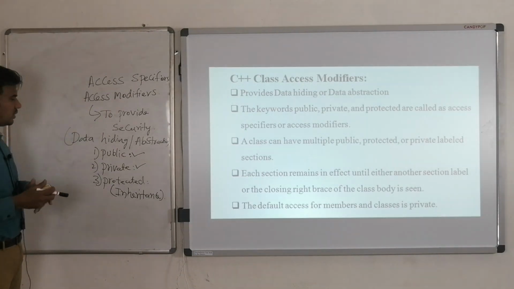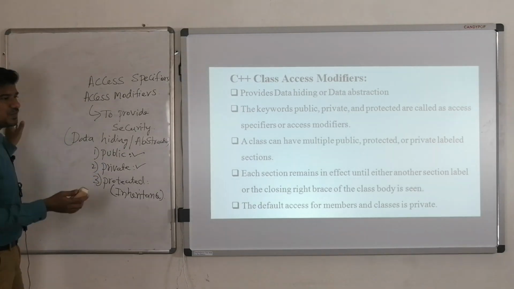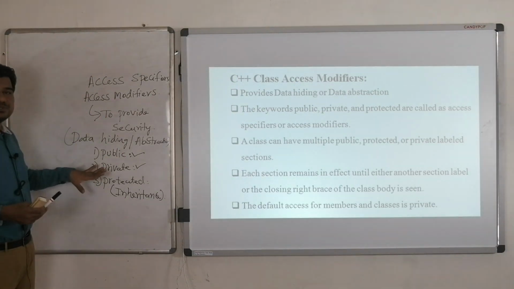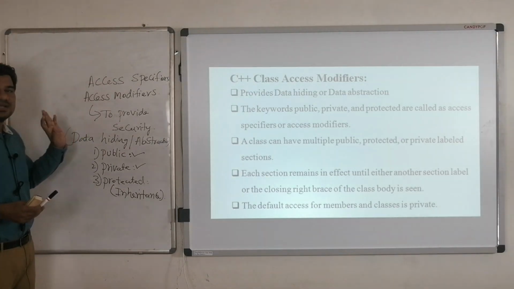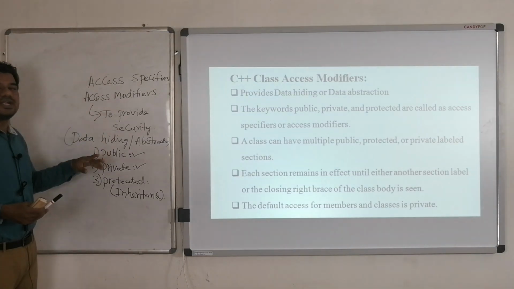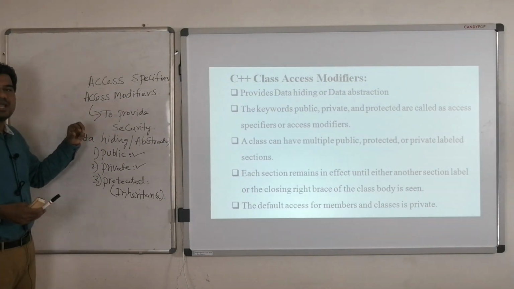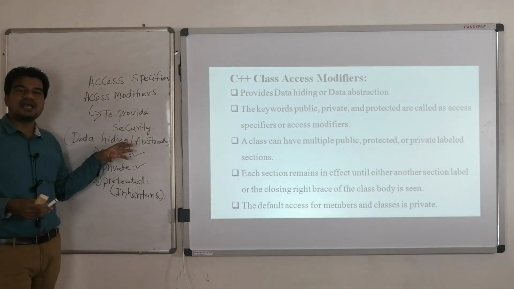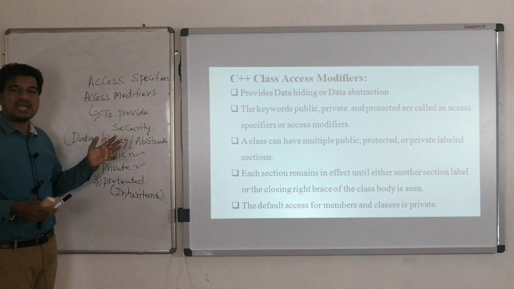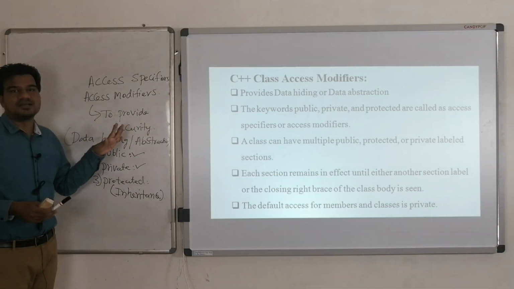data members. So in any class, when you are writing a class, you can have multiple types of access modifiers in your class. Like you can use public, you can use private, you can use protected. Some members you can make as private, some members you can make as public, and some members you can make as protected. In that way you can have multiple types of data members and member functions in your class.